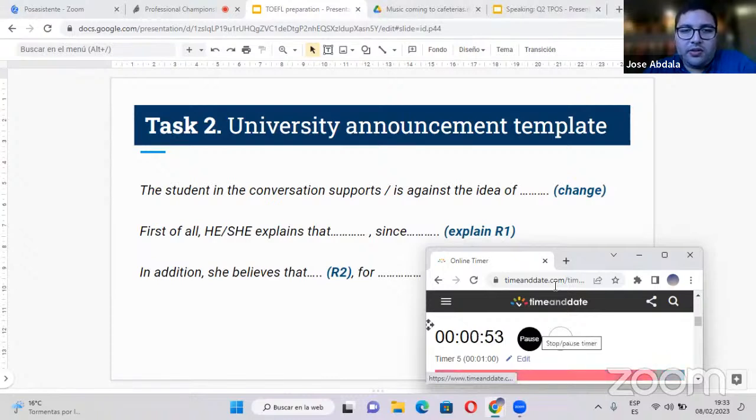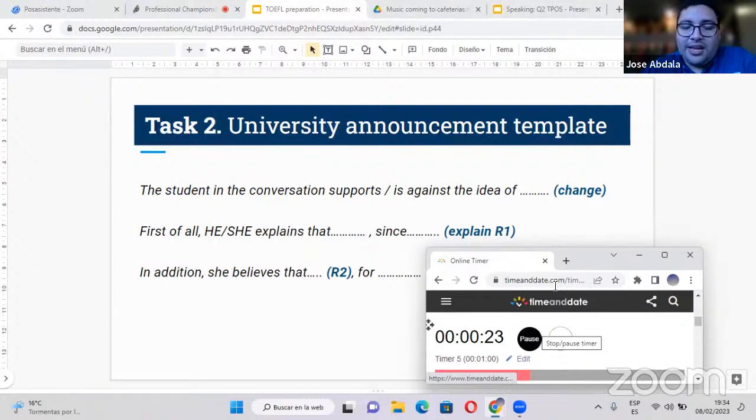The student in the conversation supports the idea of changing the college radio of the university. First of all, she explained that the university is limited to the campus for a few students, since the radio will help to get more experience to the students and get a real audience.